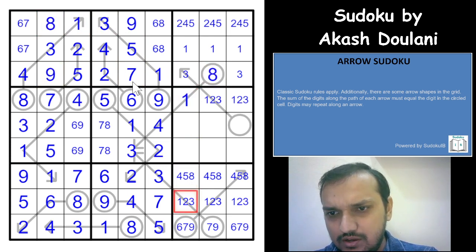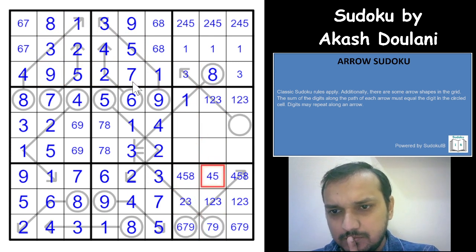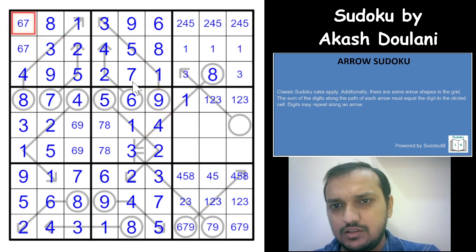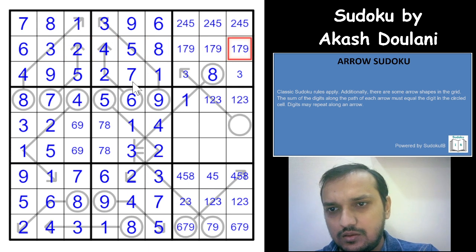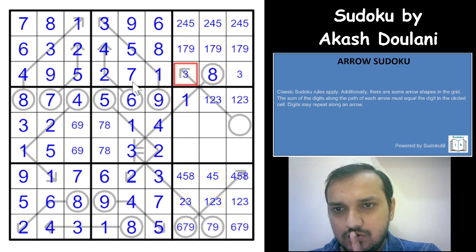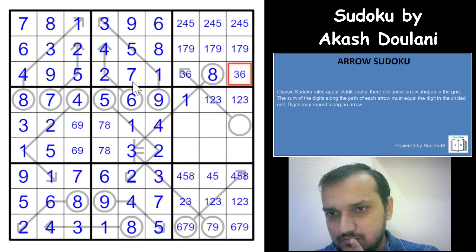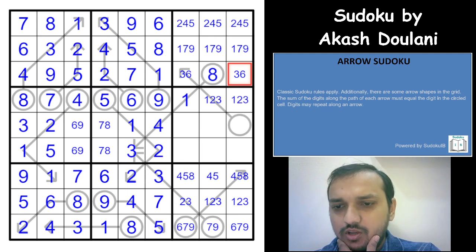So that gives you 1. 8 is not possible here. That gives you 6 and an 8, 7 and a 6. 1, 7 and 9. You get 3 and a 6. Really amazing Sudoku, guys.